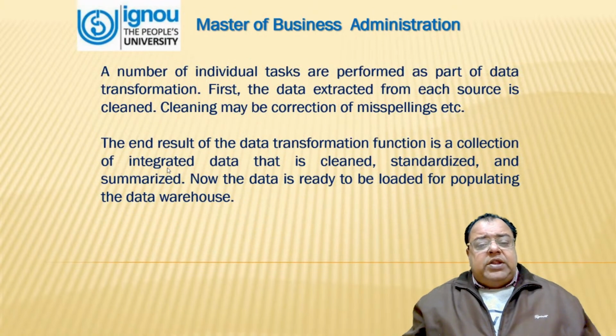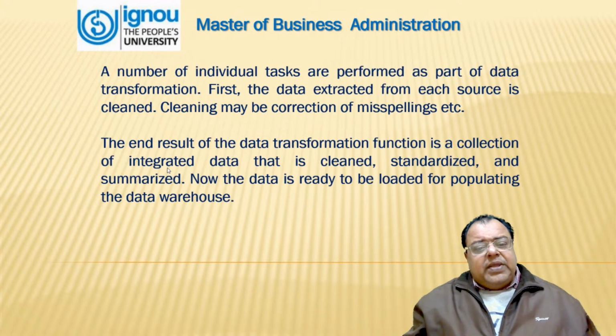A number of individual tasks are performed as part of data transformation. First, the data extracted from each source is cleaned. Cleaning may be correction of misspellings, etc. The end result of the data transformation function is a collection of integrated data that is cleaned, standardized, and summarized. Now the data is ready to be loaded to populate the data warehouse.